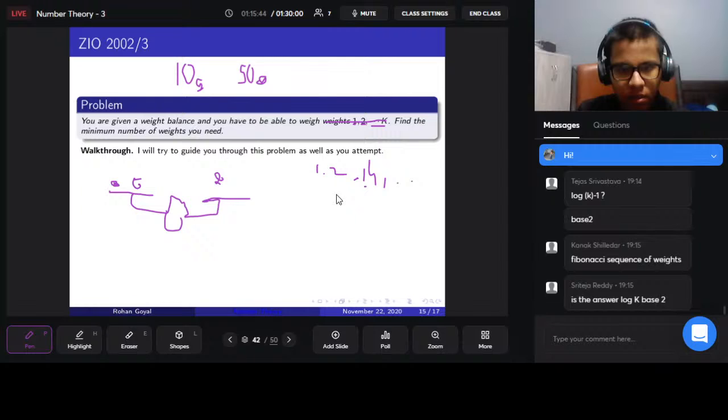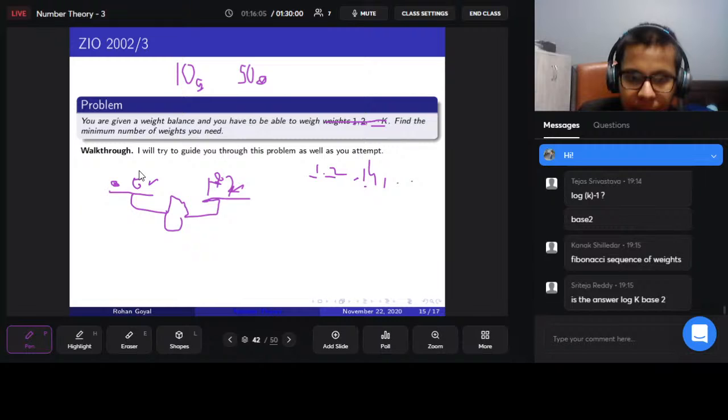So, for example, if I wanted to weigh 3 grams, I could do it by placing 1 and 2 on one side and whatever I wanted to weigh on the other side. But I could also do it by placing 4 on this side and 1 gram on this side and whatever thing I want to weigh on this side. So there's a better way.